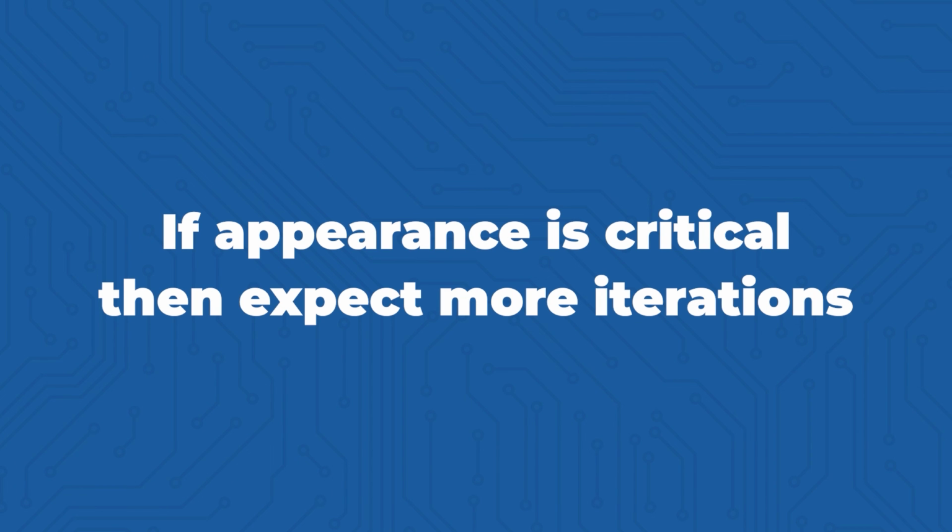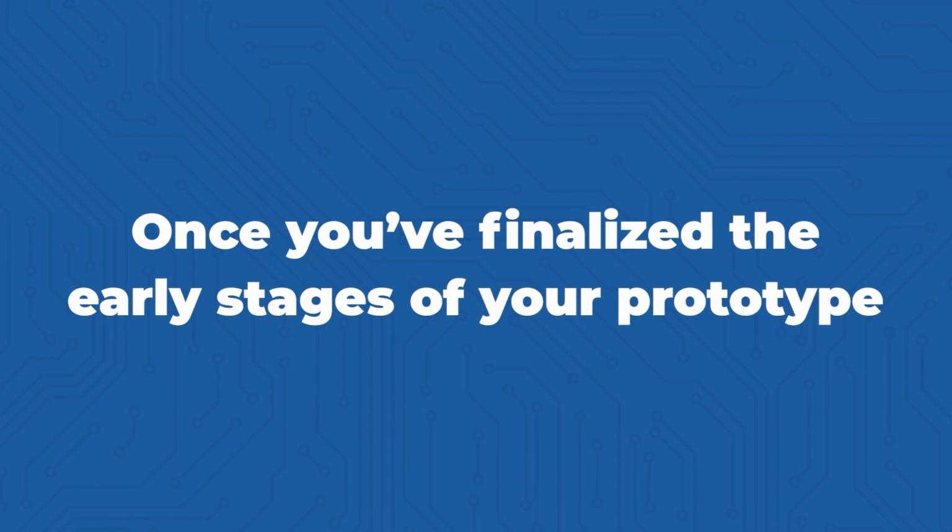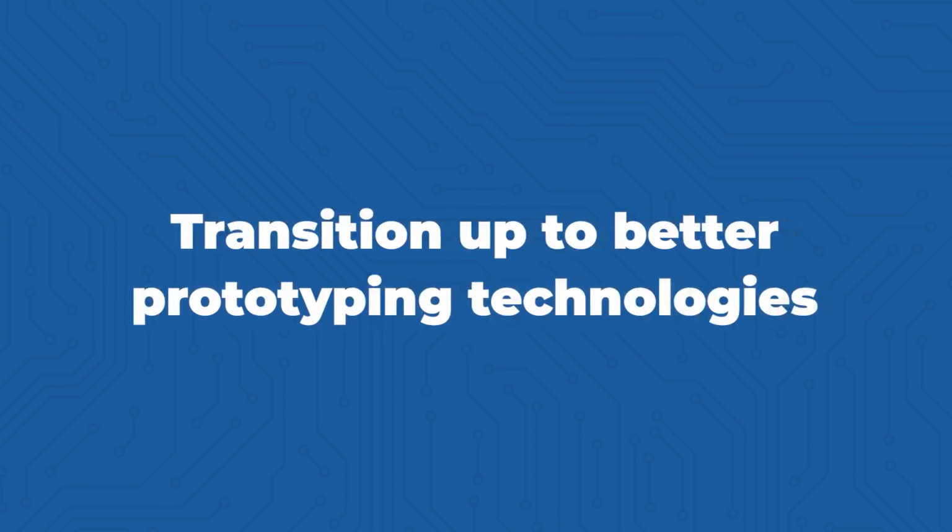You'll start with 3D printing, and once you've gotten as much information as you can from 3D printing in the early stages of your prototype, you want to transition up the different types of prototype technology, because each has advantages at different stages of the prototype development process.